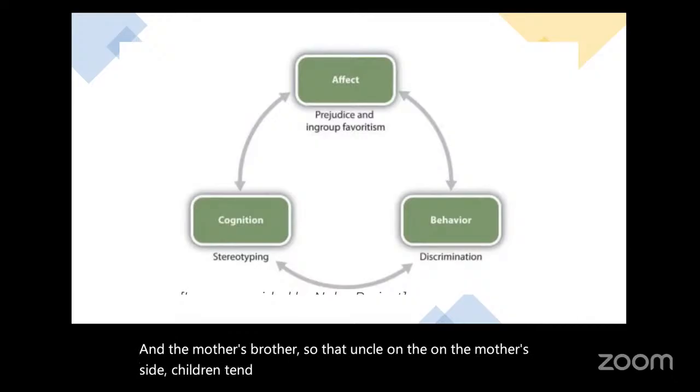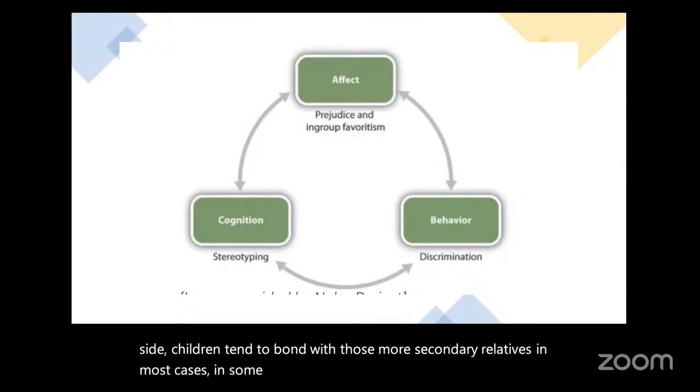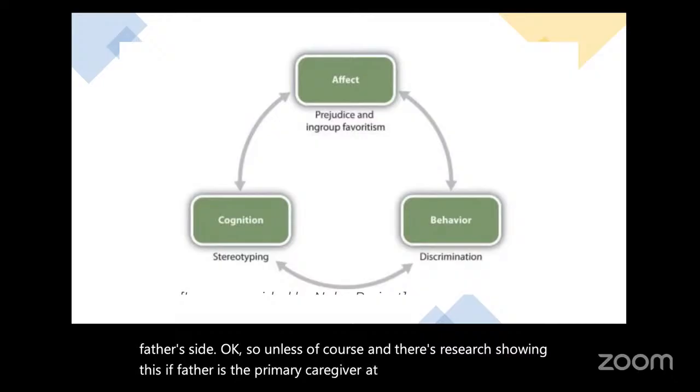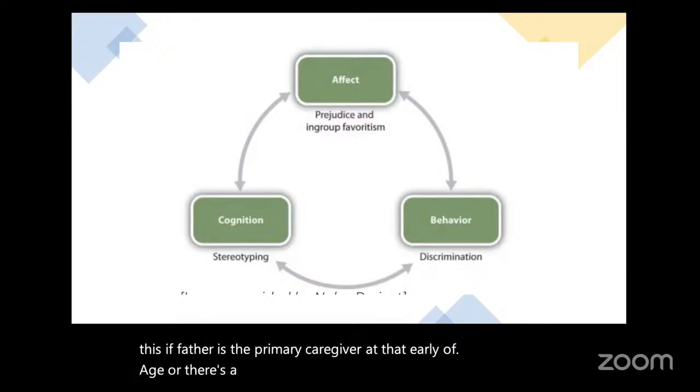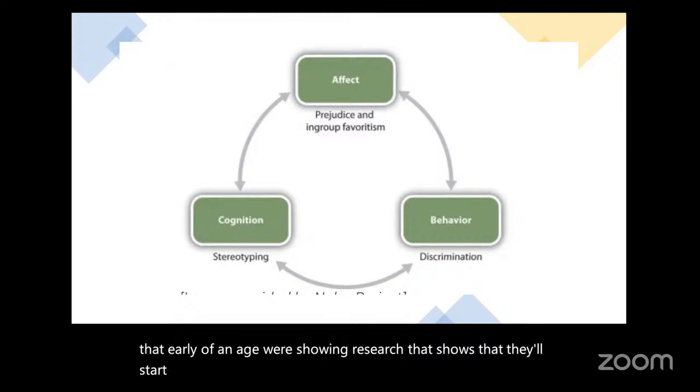Children tend to bond with those more secondary relatives in some cases than with others on the father's side. Unless, of course, and there's research showing this, the father is the primary caregiver at that early of an age, or there's a caregiver like a nanny at that early of an age. We're showing research that shows that they'll start to make those preferences.